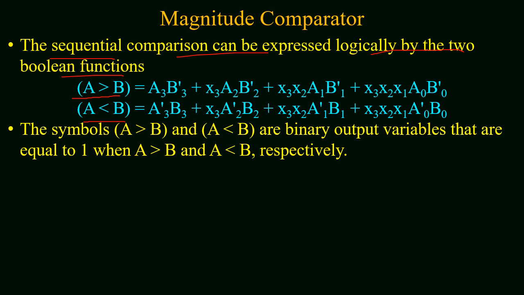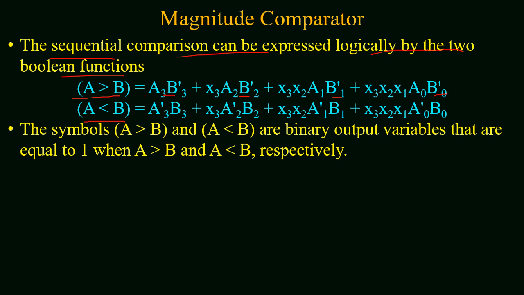Here, the important thing to note is that if we are calculating A greater than B, then all the sum of product terms in the equation will have bits of B in the prime form, like B3 prime, B2 prime, B1 prime and B0 prime.